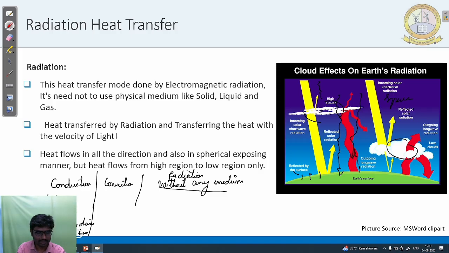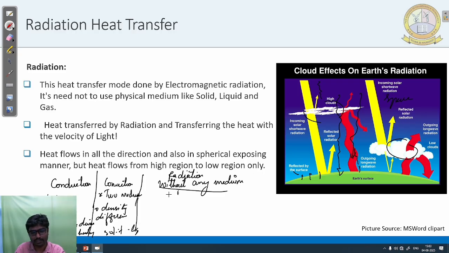Second, convection happens between two different mediums, due to temperature difference. It travels between two mediums, solid to gas or solid to liquid; in any case we call it convection. Radiation, we know, is when heat is transferred without any medium.